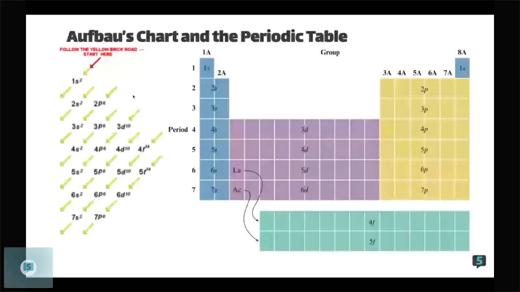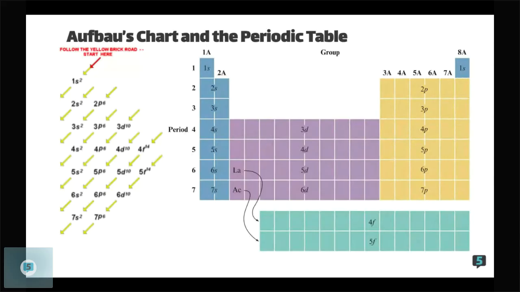Then 3s2, 3p6, 4s2, and do we remember what happens on this level, on the transition elements? What happens here is that after 4s2, we need to go back to the third energy level to fill up the 3d10, and then 4p6.